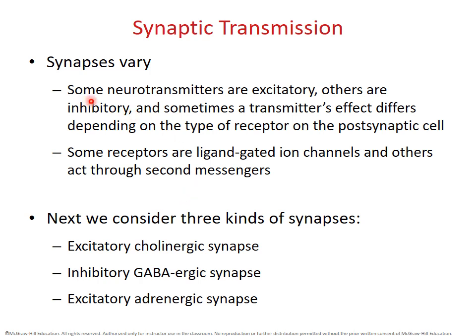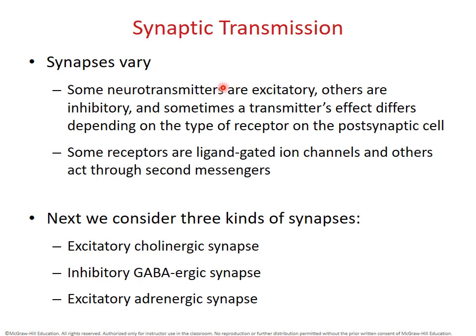So what do we mean by different effects of neurotransmitters? Well, some neurotransmitters are excitatory, meaning they cause a depolarization in the postsynaptic membrane. Others can be inhibitory, and remember, by inhibitory we mean that the neurotransmitter creates not a depolarization but a hyperpolarization in the postsynaptic membrane.